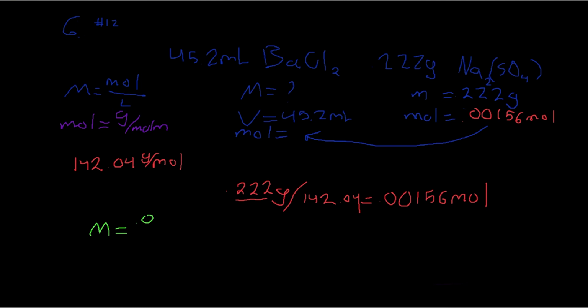So moles, 0.00156, divided by, now remember, milliliters to liters, multiply by 1,000, or in this case, divide by 1,000 since we're going the other way. 45.2 divided by 1,000 is 0.0452.